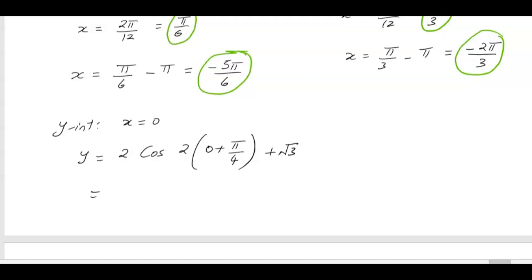So that's going to give us 2 times cos pi on 2 plus the square root of 3. Now when we talk about the unit circle, cos is the x coordinate. So at 90 degrees, the x coordinate is 0, which means 2 times 0, leaving us with a y-intercept of square root 3. So that becomes my y-intercept.